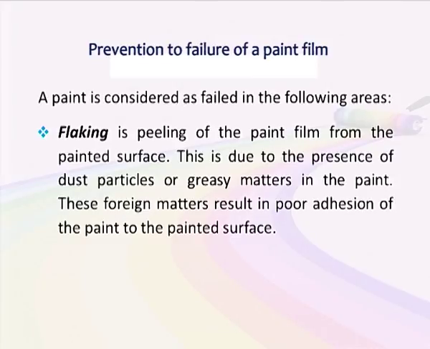This takes place due to the presence of dust particles or greasy matter in the paint. These foreign matters result in poor adhesion of the paint to the painted surface. The next type of failure is cracking.